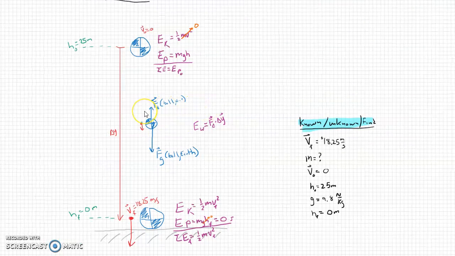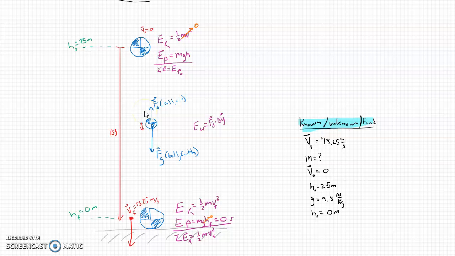Let me get a black pen, that's what I usually use. I must have called downwards positive because I noticed that my final velocity is positive.